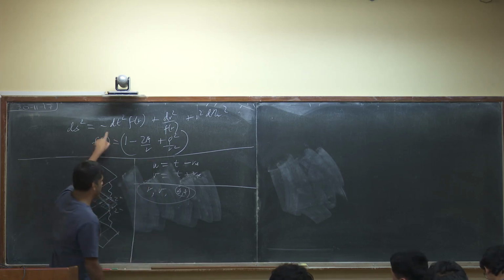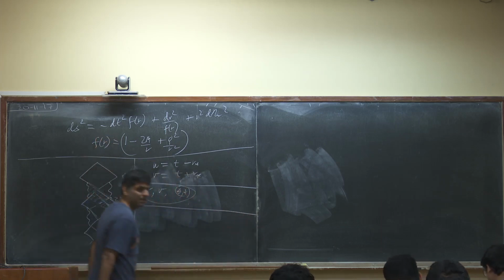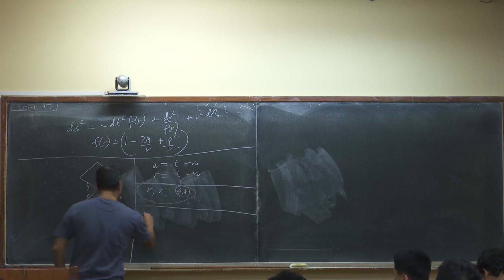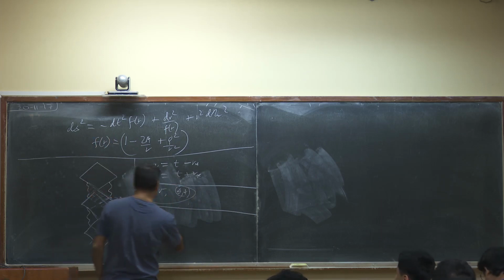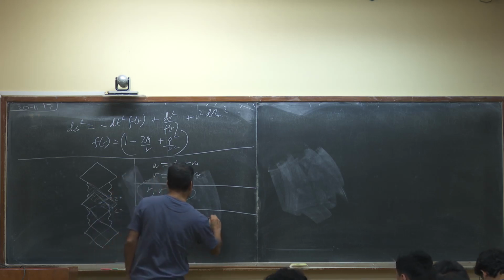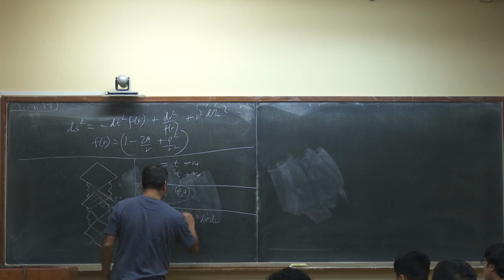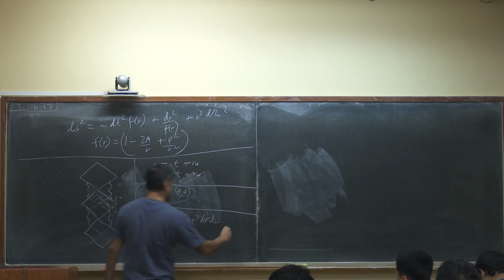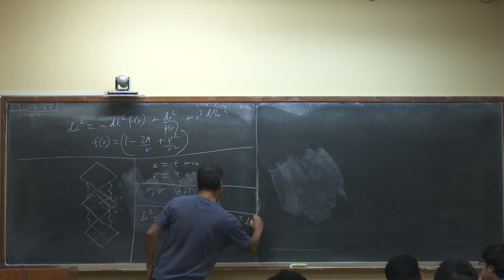This is an exercise we've done before. I'll just write down the answer: ds squared is equal to minus dv squared f of r plus 2 dv dr plus r squared d omega squared.